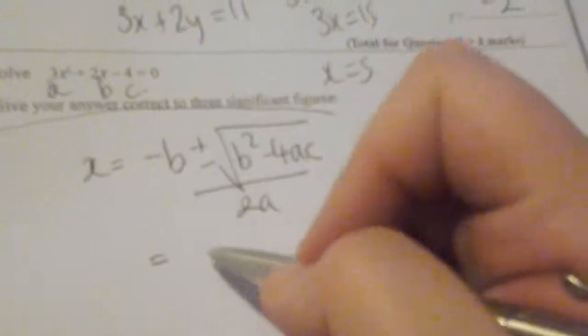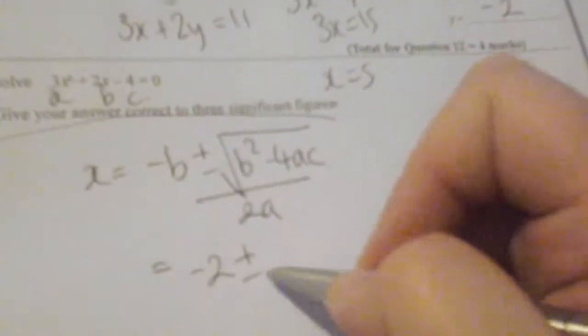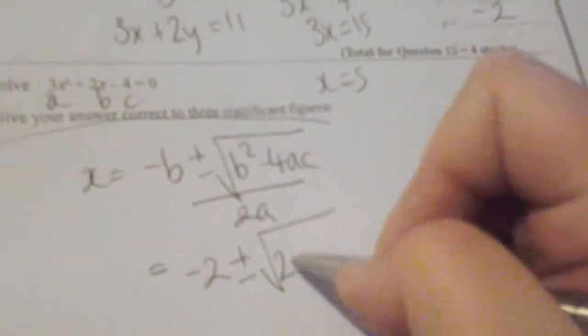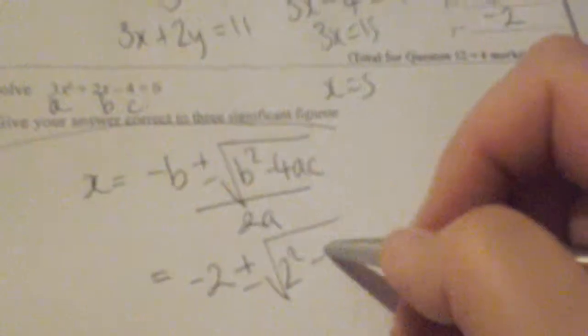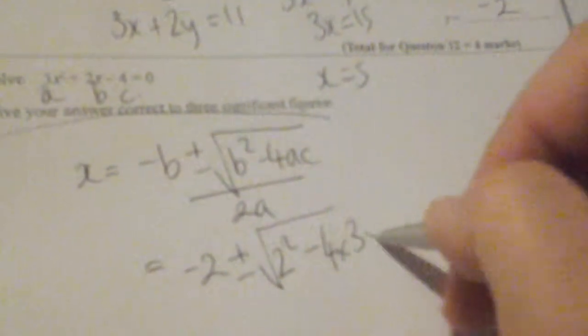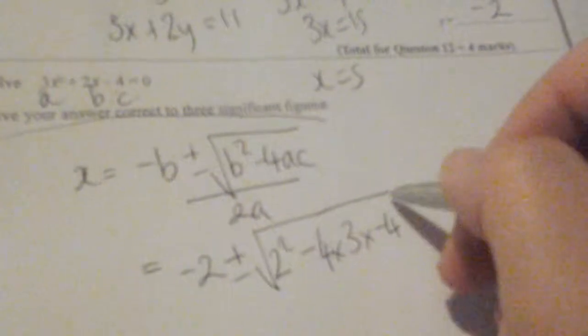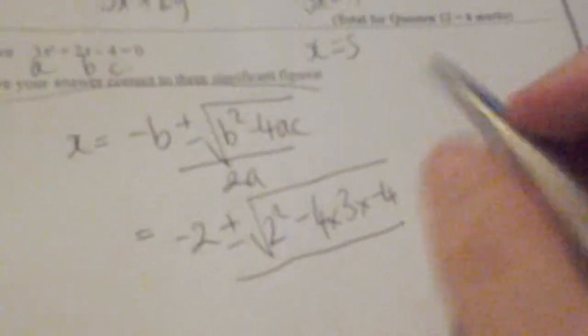Then A, B, C. So x is minus b, so minus 2, plus or minus the square root of 2 squared minus 4 times 3 times minus 4, all over 2 times 3. All this means is you've got 2 different answers.